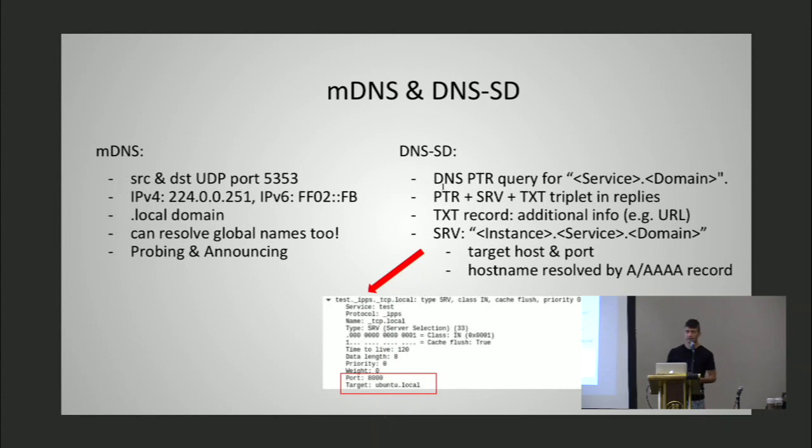But first, I'll start with mDNS and DNS-SD. Multicast DNS is a zero configuration protocol that is really prevalent in IoT ecosystems. Basically, it's all about automation. And usually when you have a lot of automation, you have to sacrifice some security. With mDNS, the idea is that it works very similarly to DNS, but it's mostly for local networks.